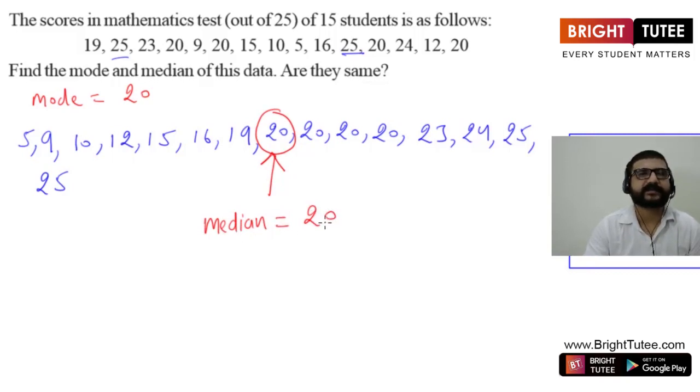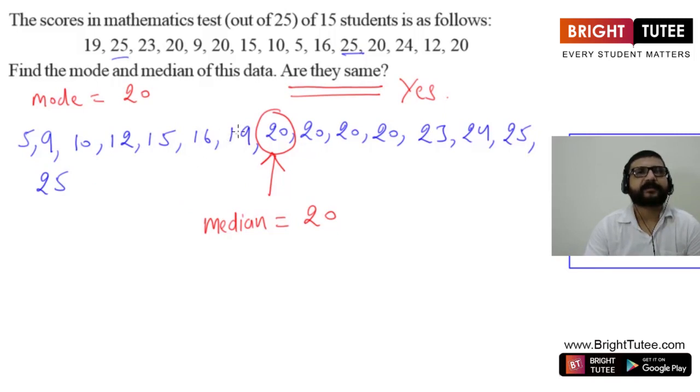Now since the median is 20 and the mode is also 20, and in this question we have to tell whether mode and median are same or not, the answer for this question will be yes. Mode and median both are same. So now let's summarize what we did in this question. First, for finding the mode, we arranged the data in tabular form.